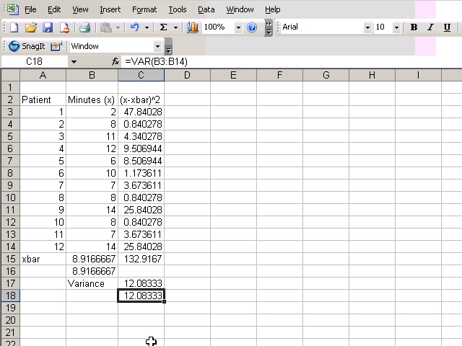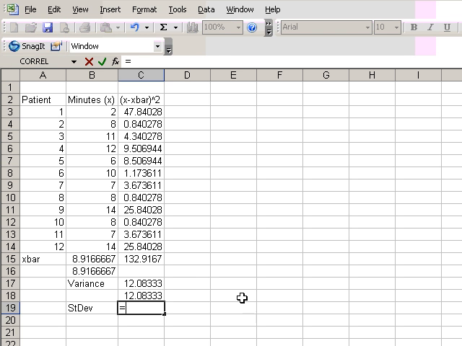One additional measure with regard to a sample is the standard deviation, which I will put here as STDEV. The standard deviation is the square root of the variance, so that the standard deviation is equal to SQRT, using the Excel function for square root, of the variance, and it turns out to be 3.47.